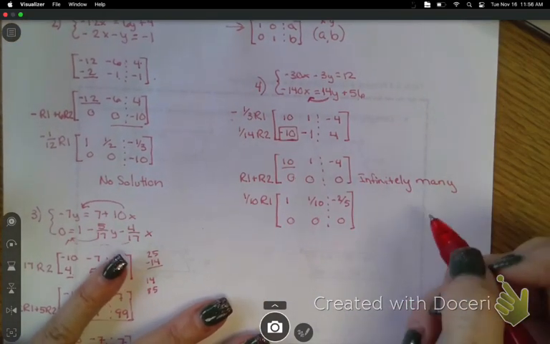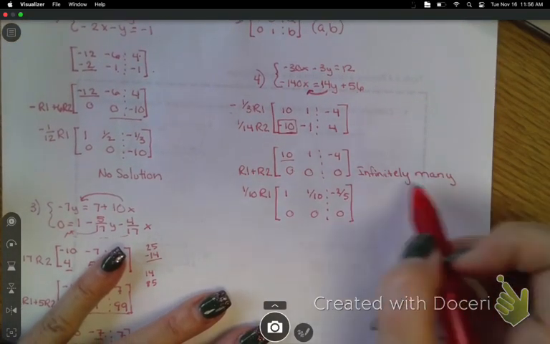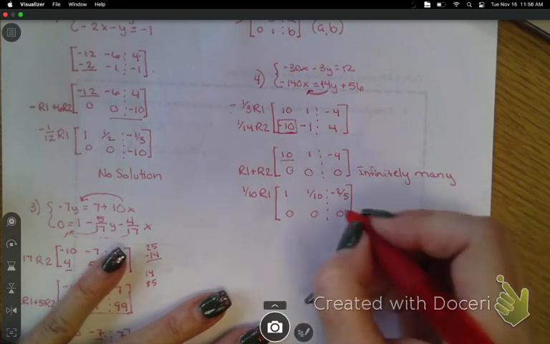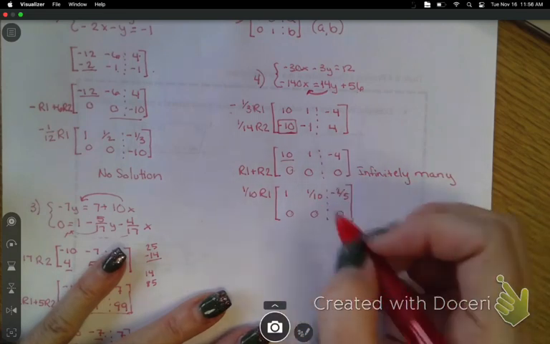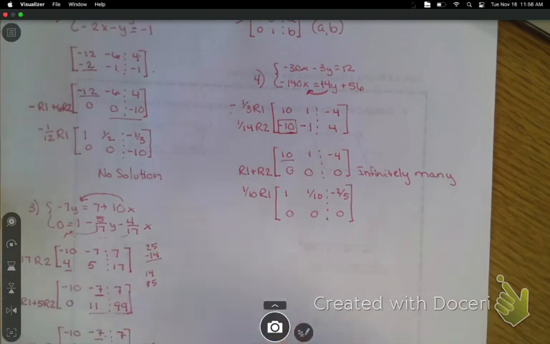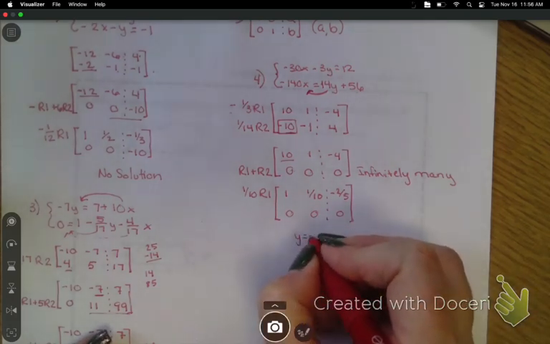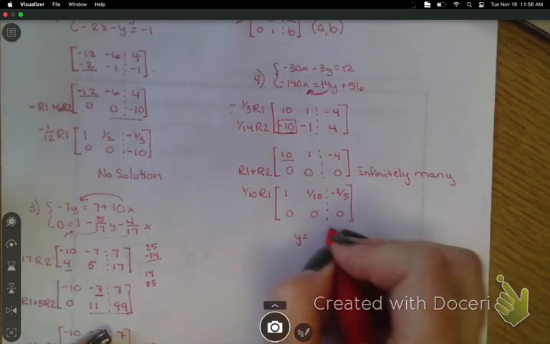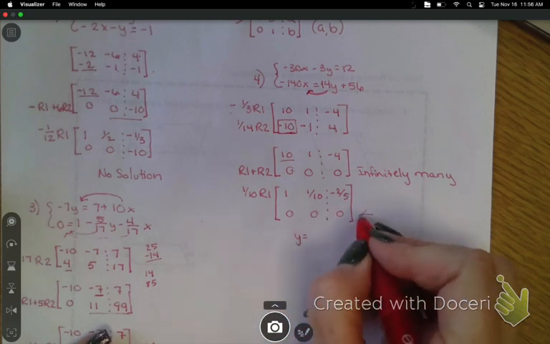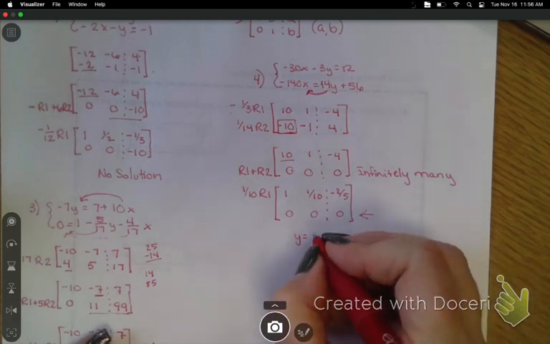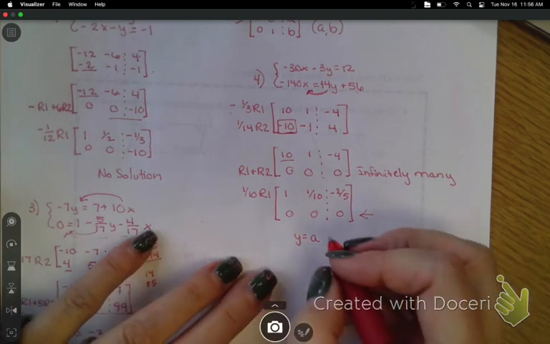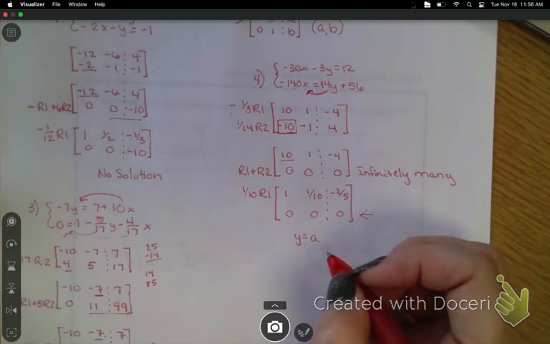Now the thing we do after we say infinitely many solutions is I have to figure out an equation to put into a point so somebody can come up with one number and get both the x and the y. So what we do is we typically make y, or the bottom row, whatever variable that is, we make it a. It can be any other variable, but we typically just use a.